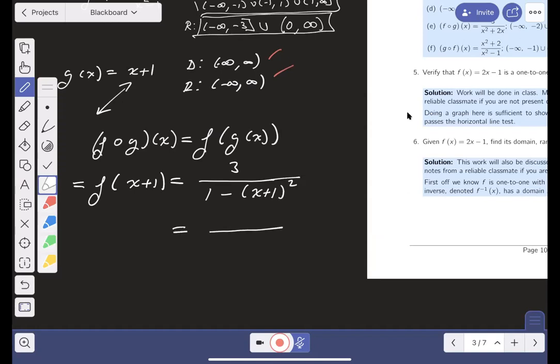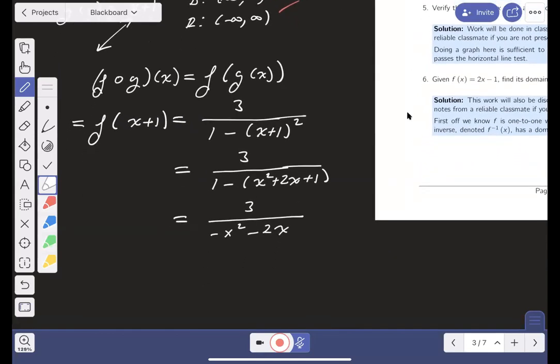And what do you get over here? 3 over 1 minus, if you took x plus 1 and squared it, you get x squared plus 2x plus 1. I want to simplify that. That would be 3. The bottom would be minus x squared minus 2x, and 1 minus 1 is none. I don't like the way that looks, so I'm going to write it down as -3. I'm multiplying top and bottom by -1 over x squared plus 2x.